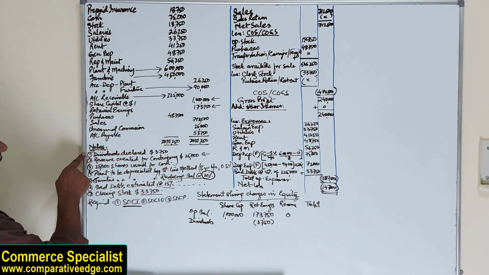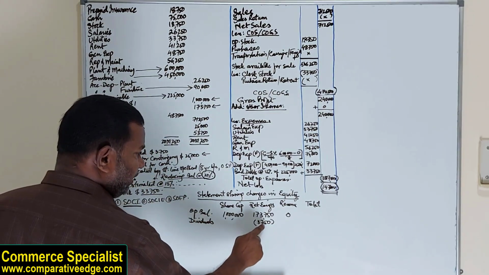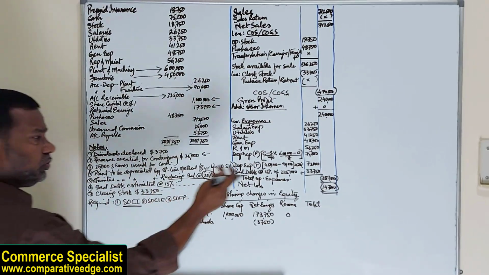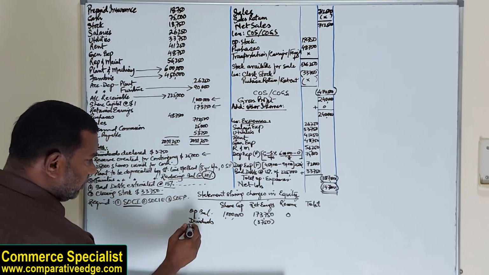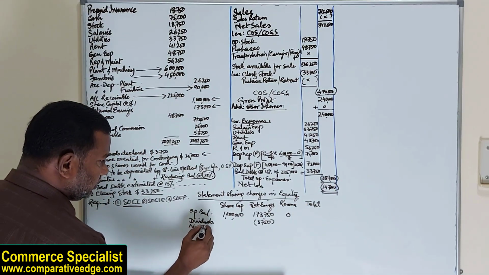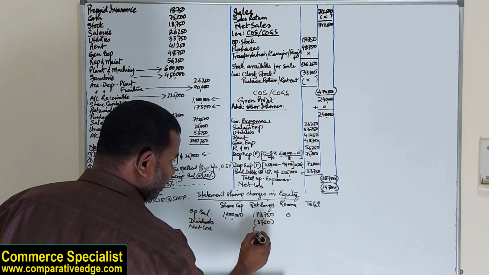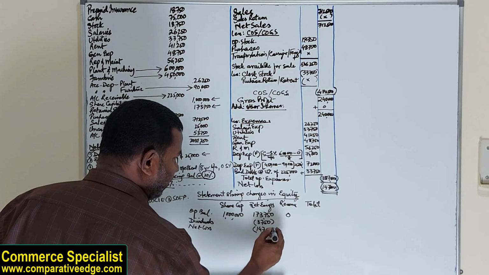Then you also take into account that you had a net loss. Because it is a loss, it will be under brackets, which is 147,000. This would also be subtracted.